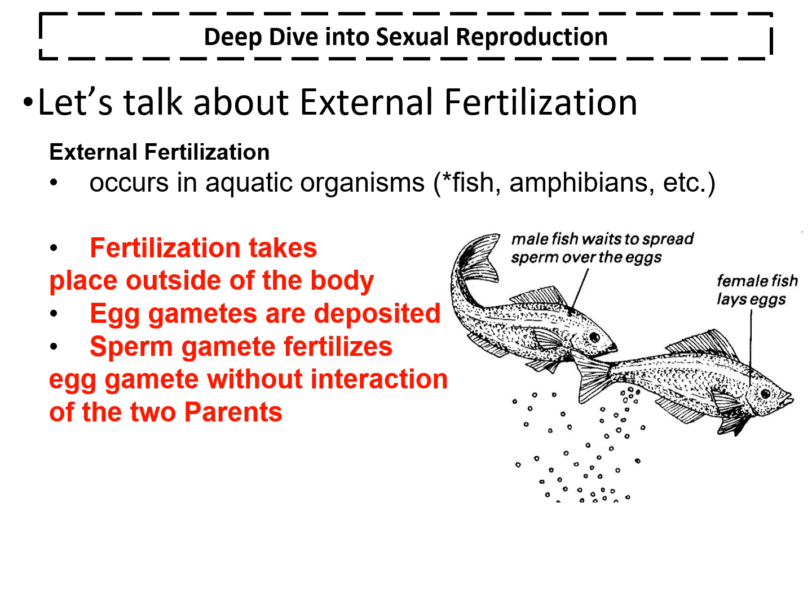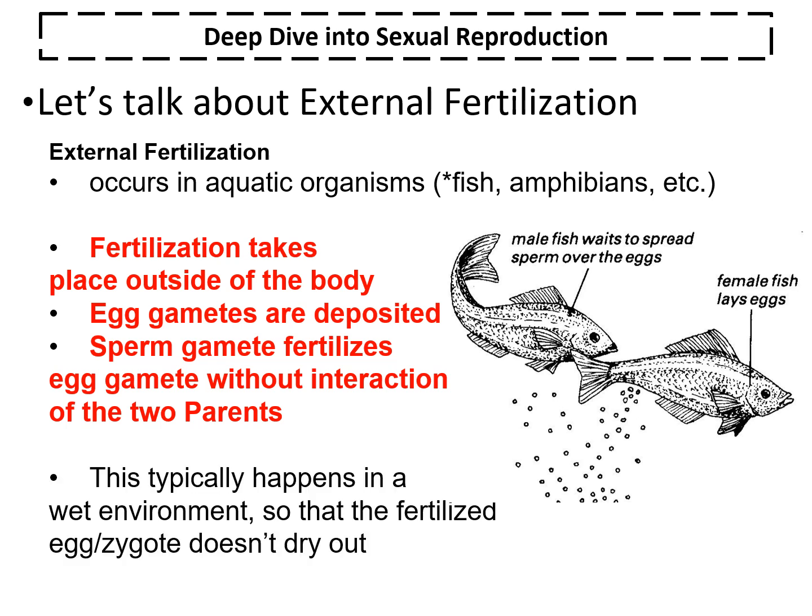External fertilization is when the sperm gamete and the egg gamete are joined to form a zygote, but it happens outside of the body, separate and apart from the two organisms involved. This typically happens with aquatic, underwater organisms, because if the female gamete, the egg, is deposited somewhere, you don't want it to dry out.